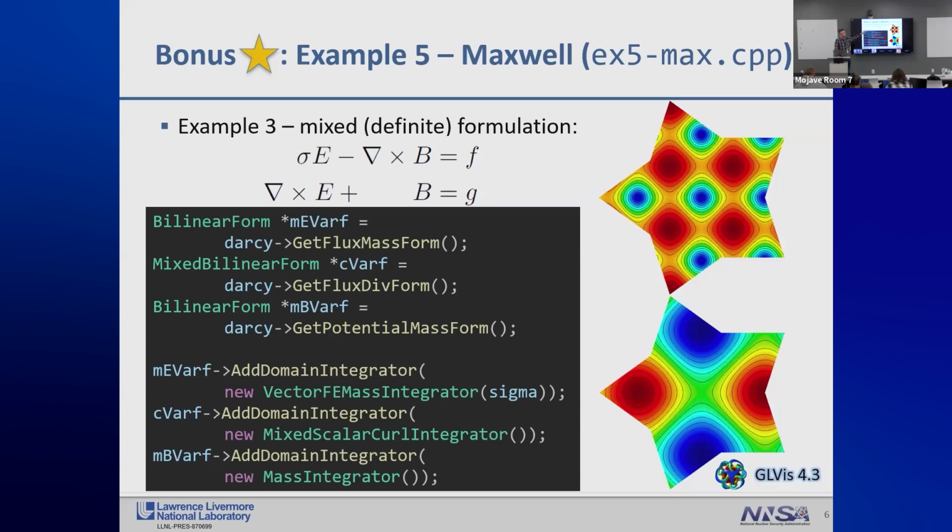This is basically example 3, although rewritten, and then you get these nice profiles for the electric field. And in the new release of GLVis, where we have also support for Raviart-Thomas elements, we may next visualize the magnetic field here.